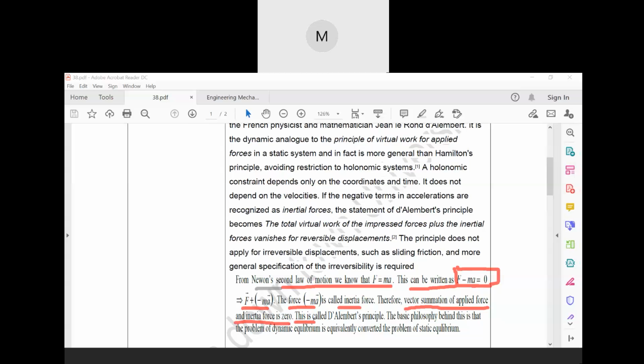So this thing is called basically what? D'Alembert's principle.